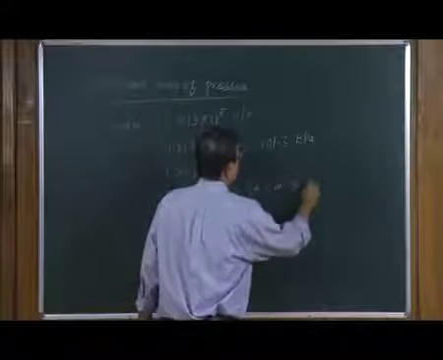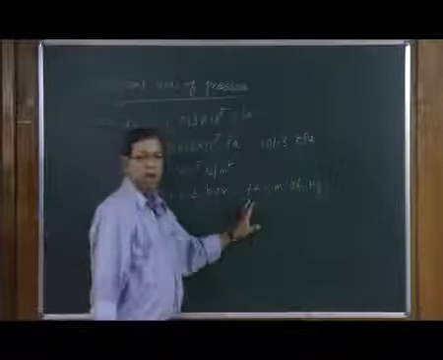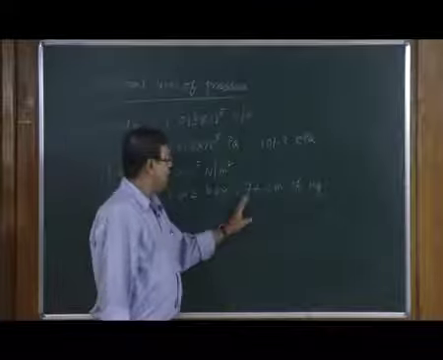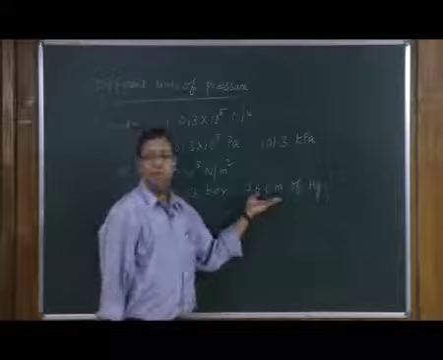We will see in just a while that it is equal to 76 centimeter of mercury, just as we said 1 millimeter of mercury. So, 1 atmosphere is equal to 76 centimeter of mercury.